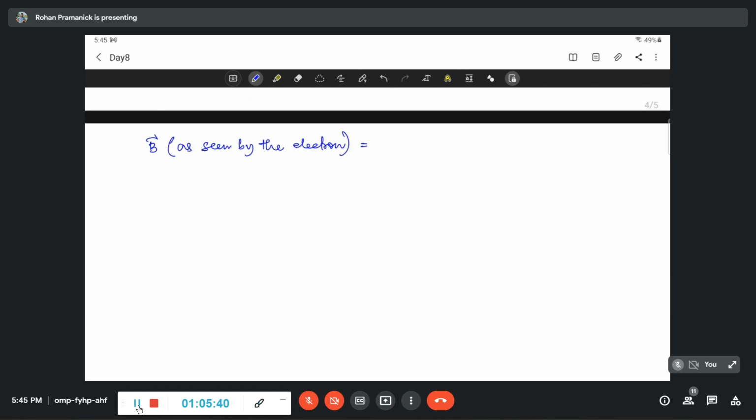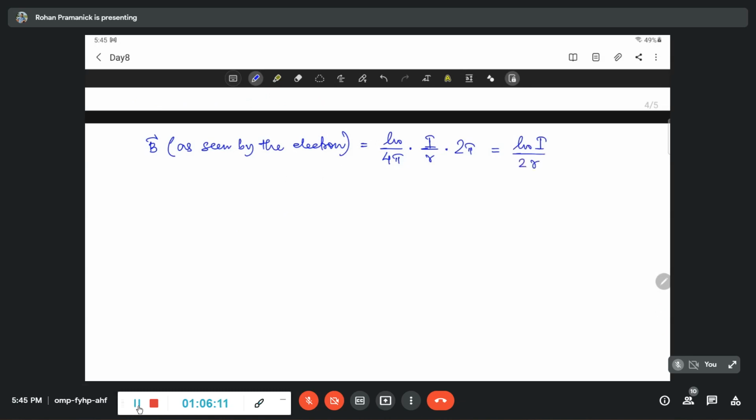So B as seen by the electron is nothing but, we use the Ampere circuital law and all these things. So this is mu 0 by 4 pi, and this is I by r, and the angle is 2 pi, right? So this is mu 0 I by 2 pi cancels, 2r.